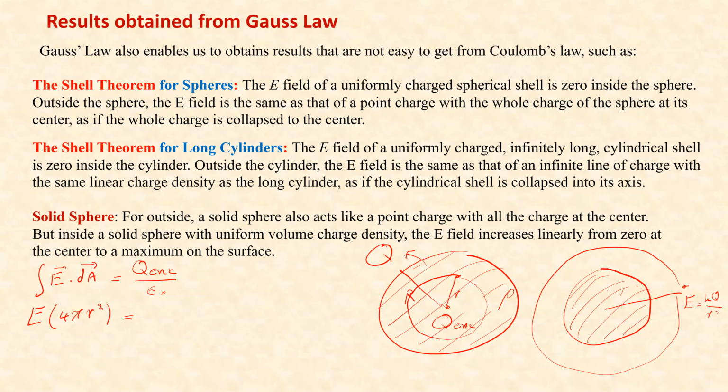Because this Q enclosed is inside the Gaussian surface, we need to calculate that. This is not very obvious. Can anybody tell me? What do you think?